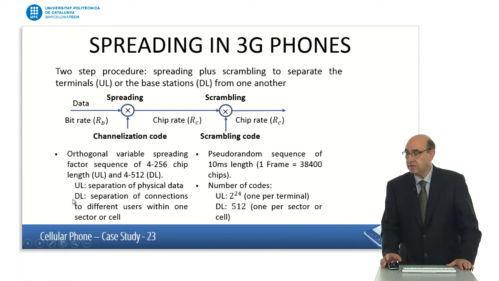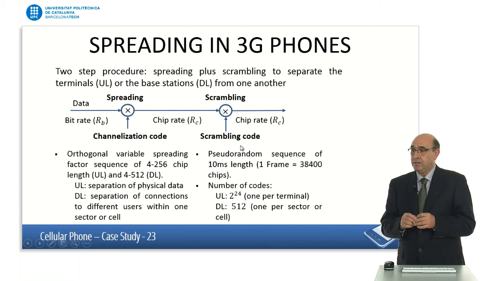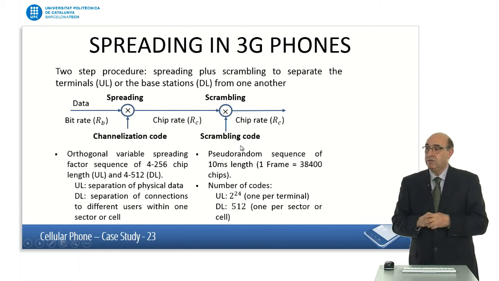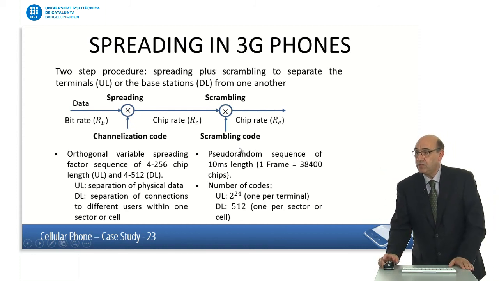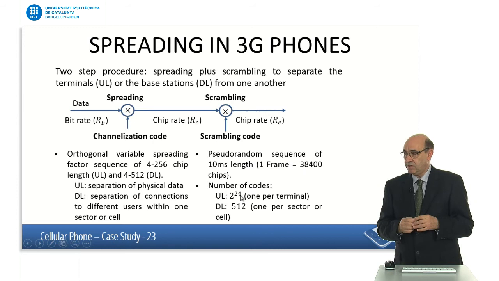but that's the basic. Now, the scrambling is just using a pseudo-random sequence. They resemble noise, just to make things even in a frame which is 10 milliseconds. And the number of codes on the uplink, on the terminal, is 2 to the 24. It's just immense.